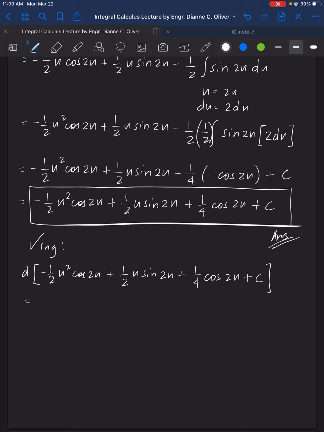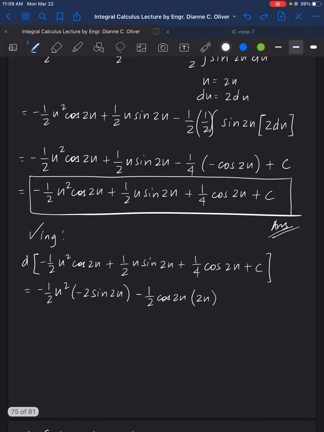Okay, so the derivative of this is negative 1/2. This is derivation by product. So we have here u squared. Derivative of cosine 2u is negative 2 sine 2u. Then we have the other one, negative 1/2 cosine 2u. Derivative of u squared is 2u. Then we have the next, we will be deriving this.